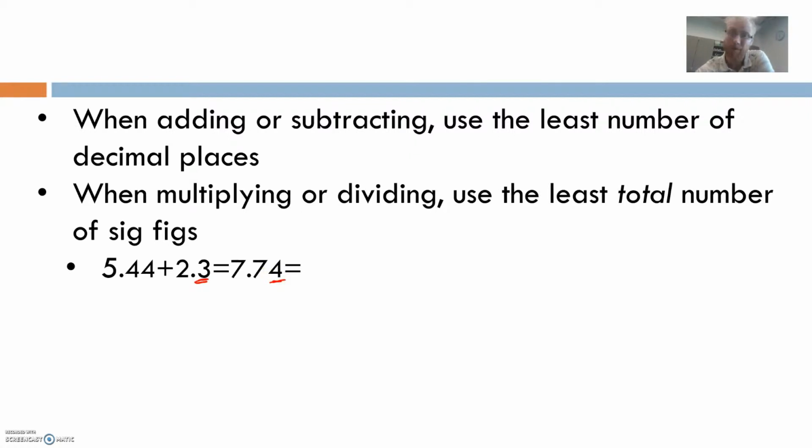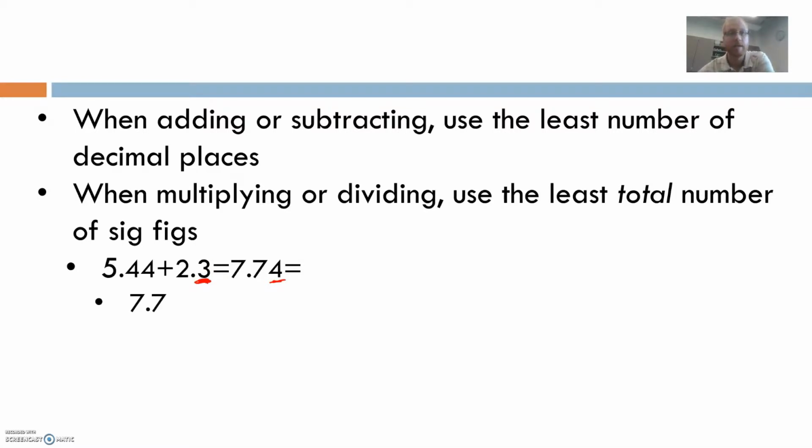Maybe, but probably not. Because if this was 2.32, then that number's not a 4. So you don't know it. The only thing you can tell me for certain is that you know it to the 10th place. So when you're doing this calculation, you're going to round it to whichever number is the last significant digit. So it becomes 7.7.